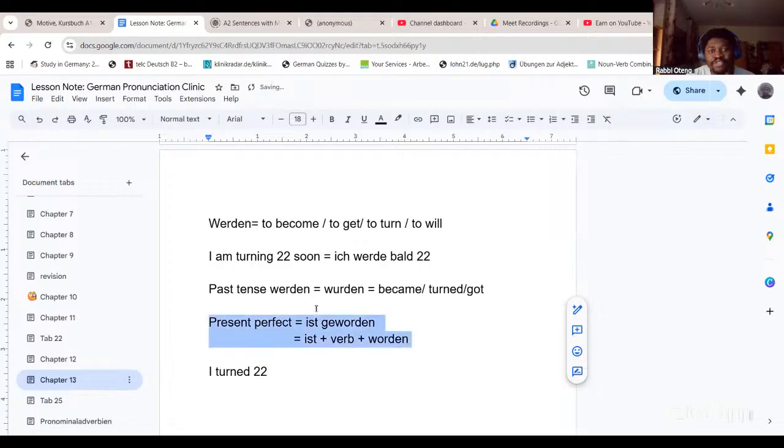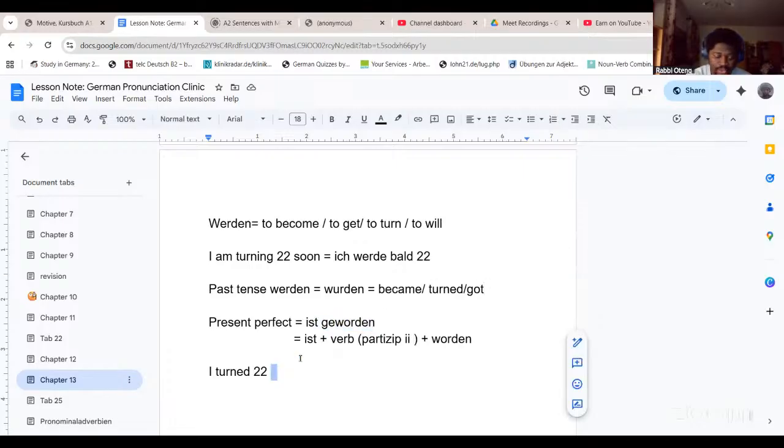The difference between these two usages depends on whether there are other verbs in the sentence. If there are other verbs, then the other verb will be in the Partizip II form. But let's start with the past tense.